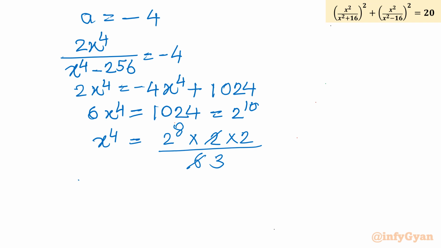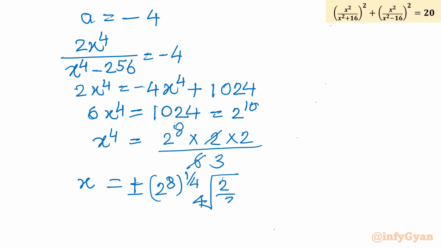Now raise both sides to the power 1 by 4. So x will become plus minus, taking the 4th root on both sides, 2 power 8 whole power 1 by 4 times the 4th root of 2 over 3. Done. Now our answer will be plus minus. I will cancel in the same way here by writing 2.